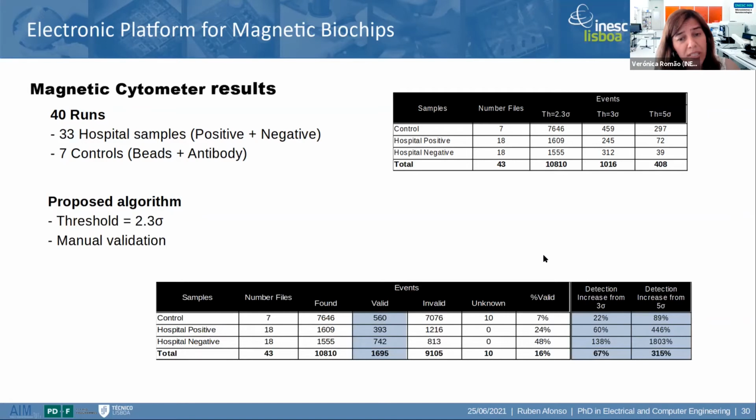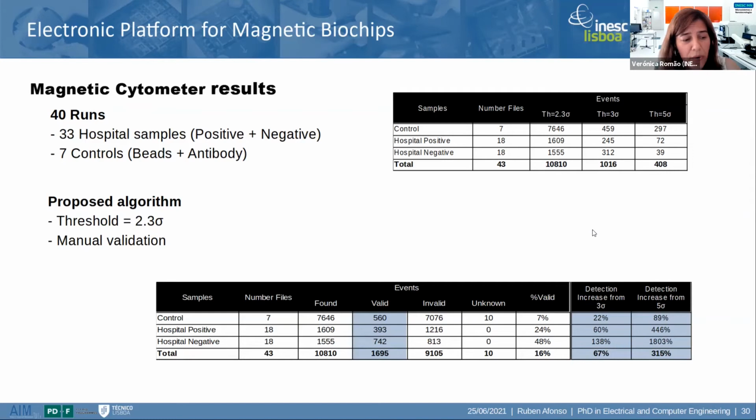The 3 sigma, 67%, is that correct? The 3 sigma and the 5 sigma are all validated, so these events are correct.